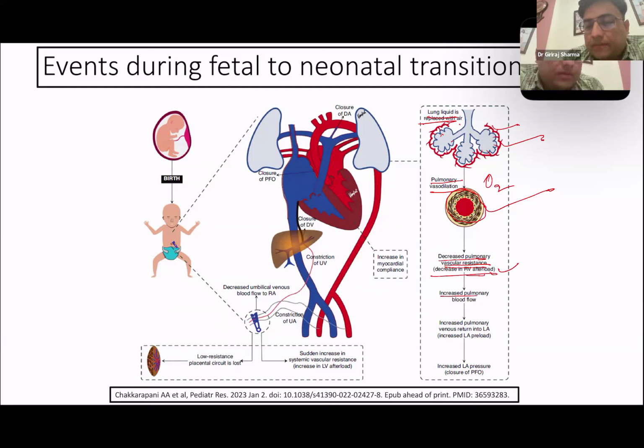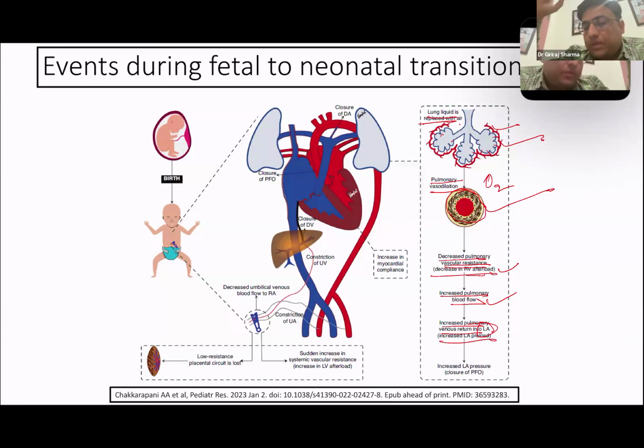Because PVR has reduced, pulmonary blood flow will increase. Now from the right ventricle, blood will flow to the pulmonary circulation because PVR has reduced. As pulmonary blood flow has increased, pulmonary venous return to the left atrium will also increase, and blood comes again to the left side of the heart.